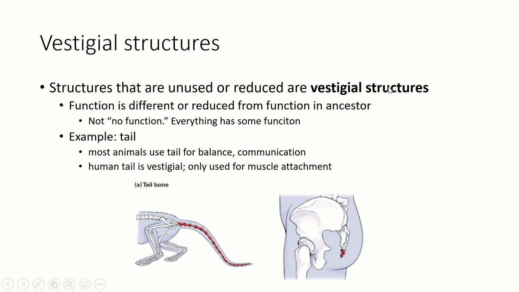One other thing that we see is vestigial structures, which are common structures that are reduced in some organisms. So all land vertebrate animals have a tail that extends past the anus. This is different than worms. Worms have their anuses at the very end of the organism, at the end of their tail.